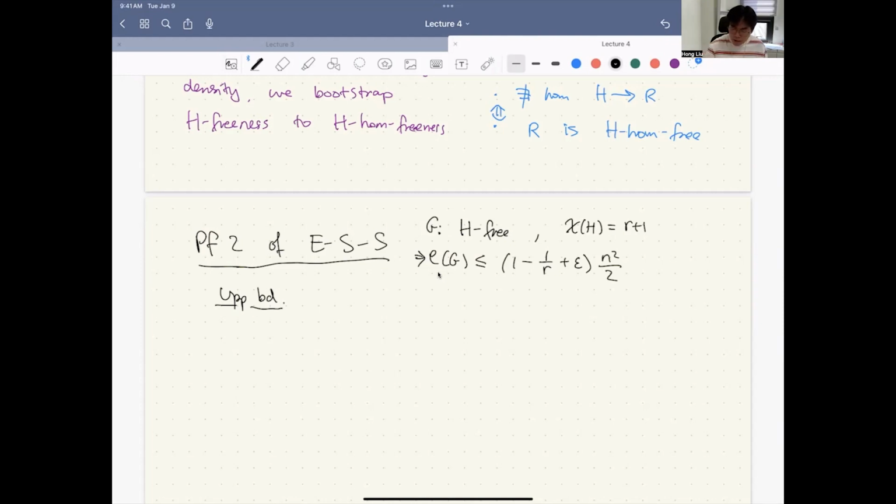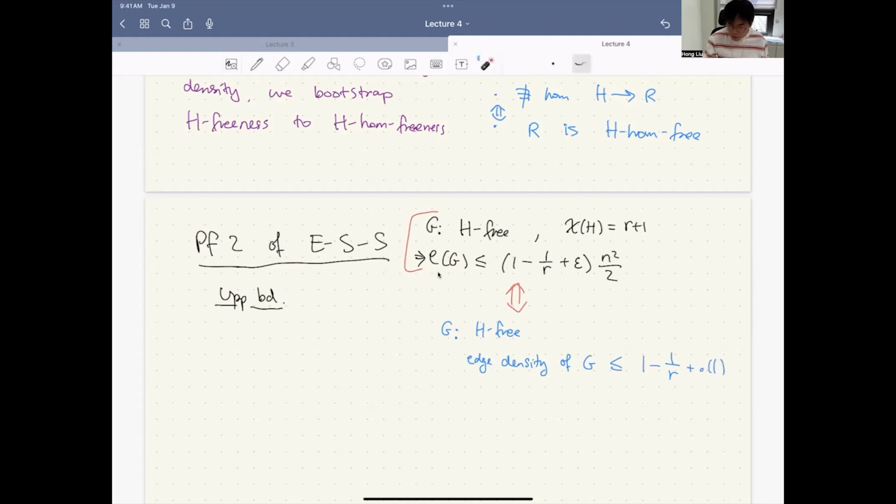Translating it to the edge density version, if G is H-free, then the edge density of G is at most 1 minus 1 over r plus little o1.